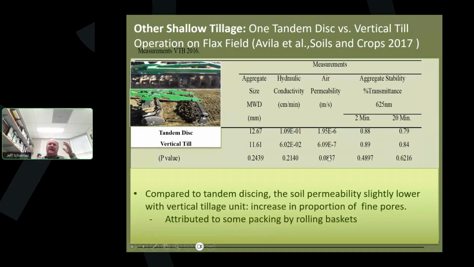So comparing a tandem disc operation to the vertical till, which had the disc plus the rolling baskets, we are seeing a slight decrease in the soil permeability with the vertical till unit, and an increase in the proportion of fine pores. I think that could be attributed to the additional packing that takes place by those rolling baskets. That creates a nice, firm, fine, moist seed bed, but also tends to reduce the permeability somewhat.